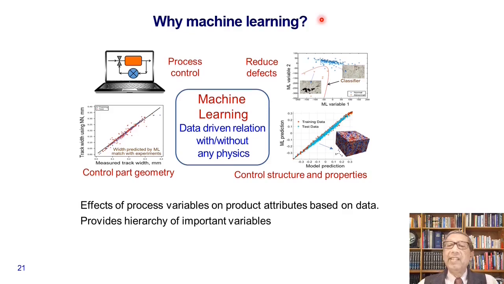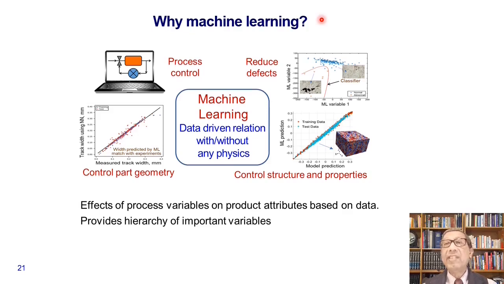In many cases, we do not have the knowledge of the underlying physical processes, and therefore we cannot develop a quantitative correlation based on laws of physics, because we simply do not know the process to quantify.